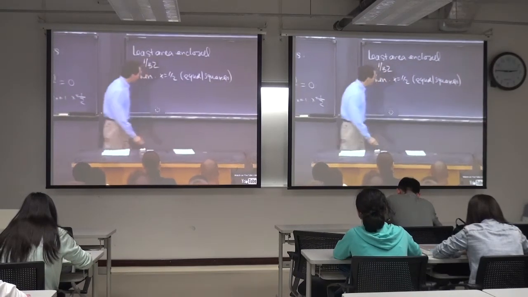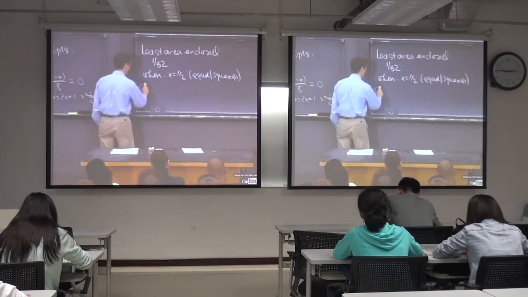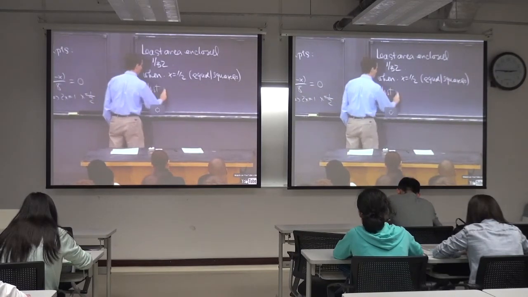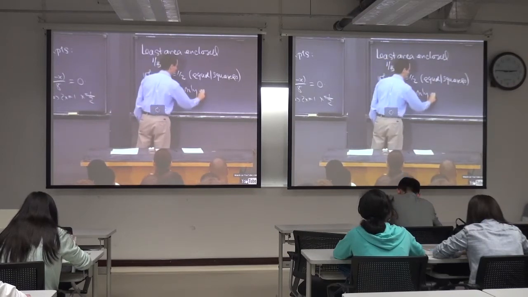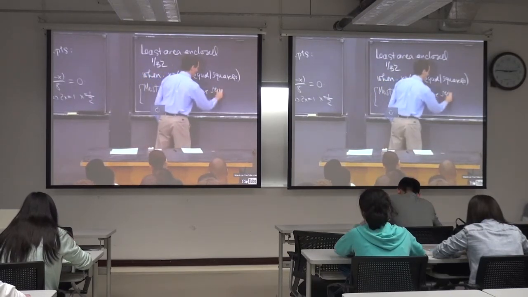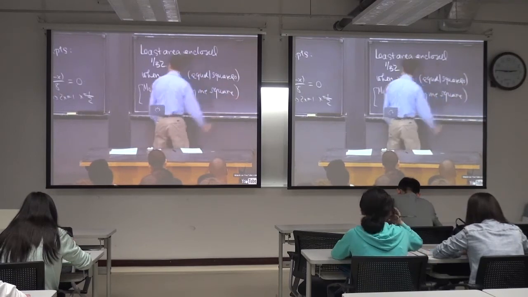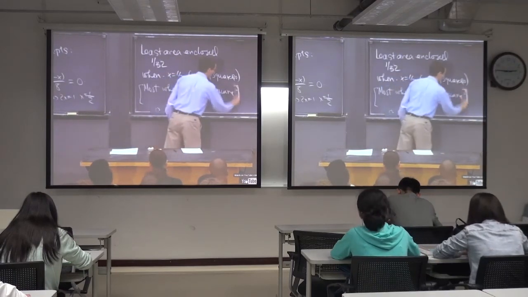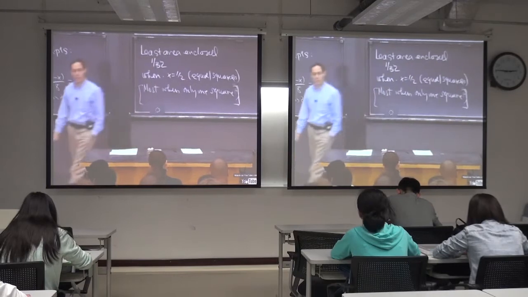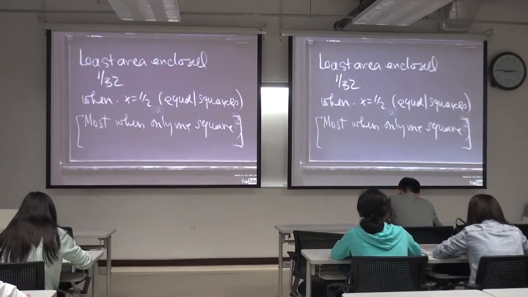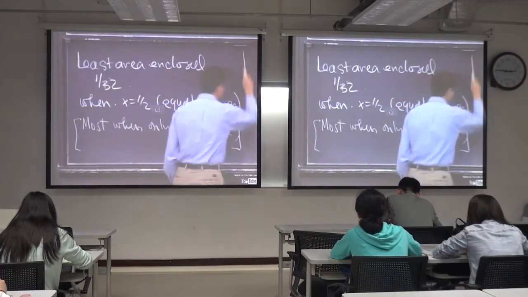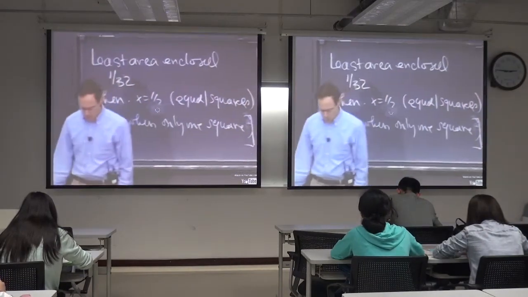All right? And most when there's only one square. Which is more or less the limiting situation if one of the pieces disappears. All right? Now, so that's the first kind of example.